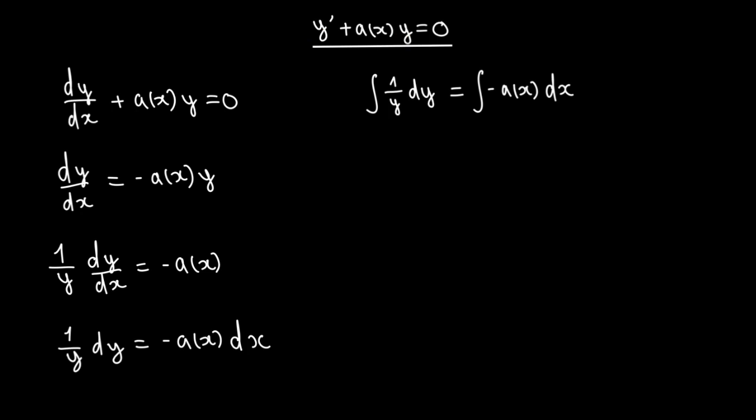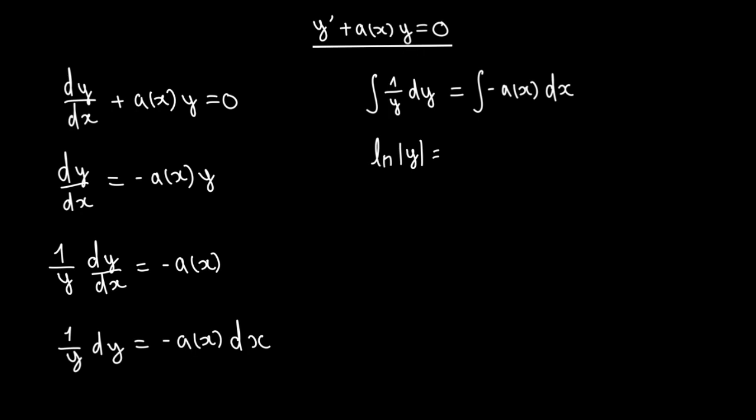Now the integral of 1 over y dy is ln of the absolute value of y. And this absolute value is important to remember, as you will see later on, is equal to the antiderivative of a of x.